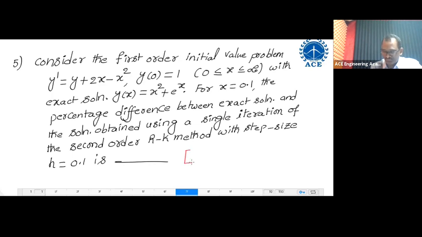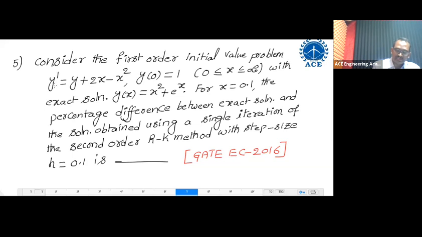This problem was given in the GATE electronics engineering 2016. First try to understand the problem. This is a first order differential equation. Actually, it is a linear differential equation also.